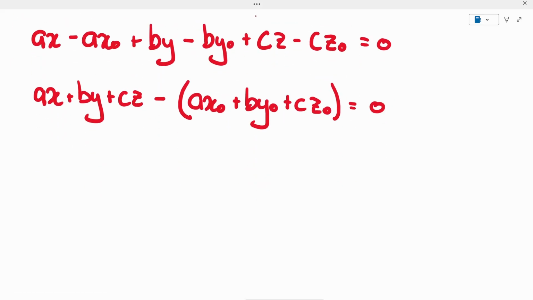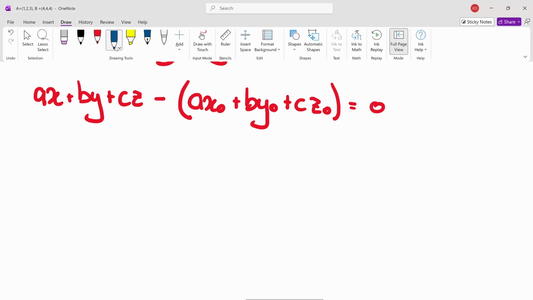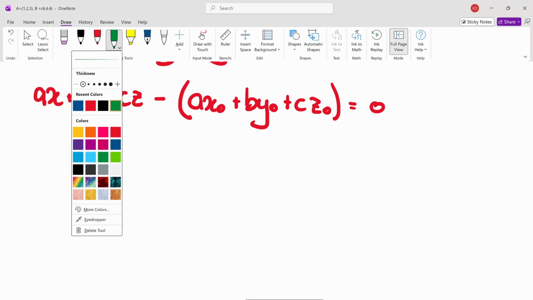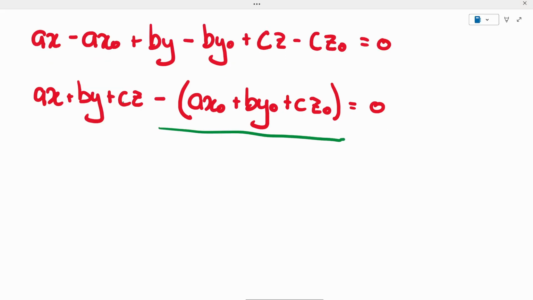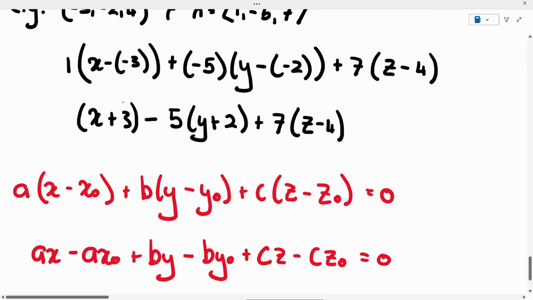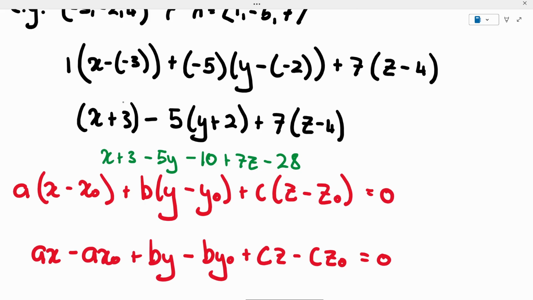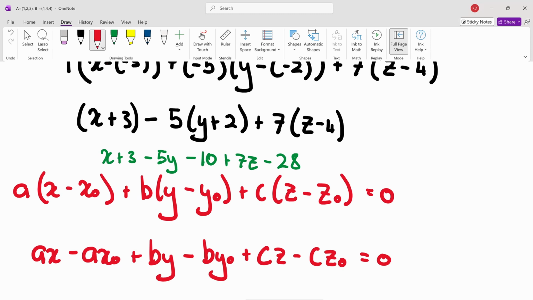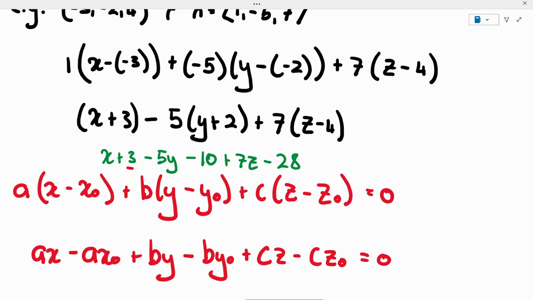Let's call this here d, because we know that this is equal to a number. If we go back to the example, I have x plus 3 minus 5y minus 10 plus 7z minus 28. This is my ax0, this is my by0, and this is my cz0.